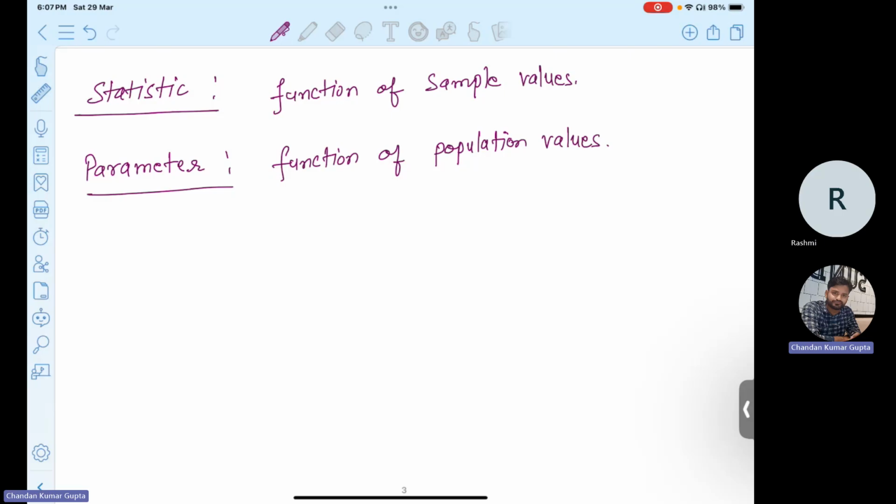Through the samples we create functions, and through these functions we infer the population information. That's why this function is called a statistic. This process of selecting a sample and using a functional form of that sample to infer about the parameter is called estimation. There is one more term, estimator.